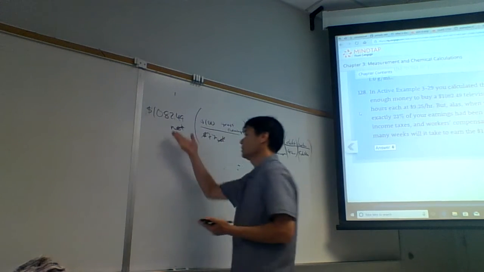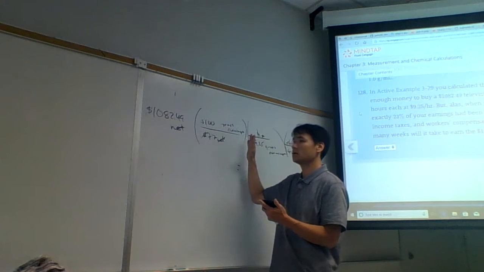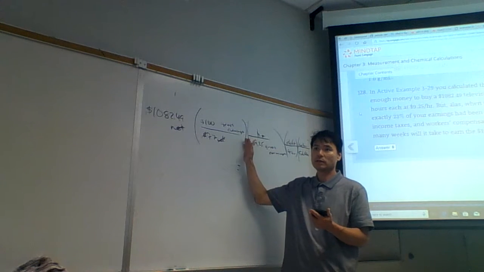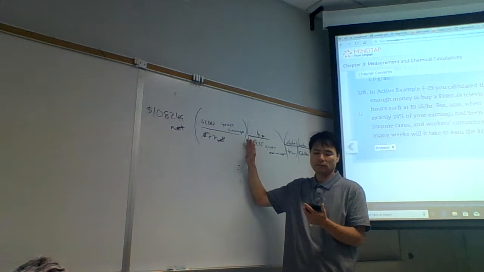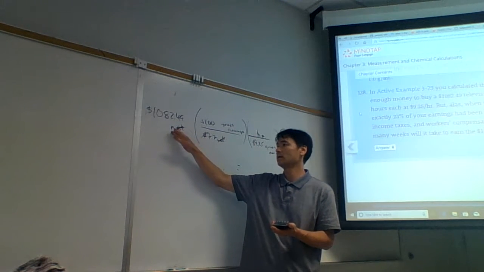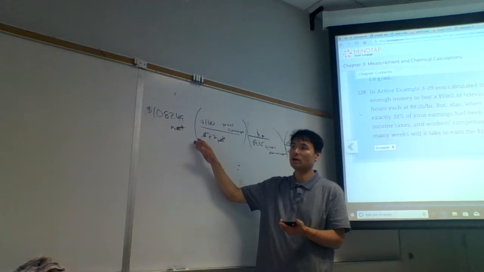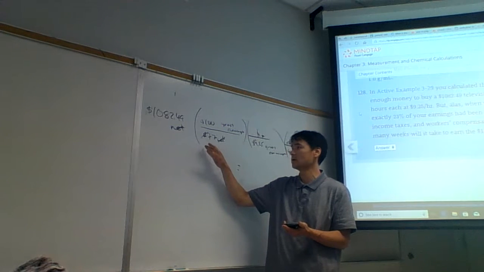So to purchase this TV, you have to earn $1,405.83. And so you have to earn $1,400 or $1,405 or $1,406 to get enough money to buy this TV, because the additional $300 or $400 will be going into taxes to the government.